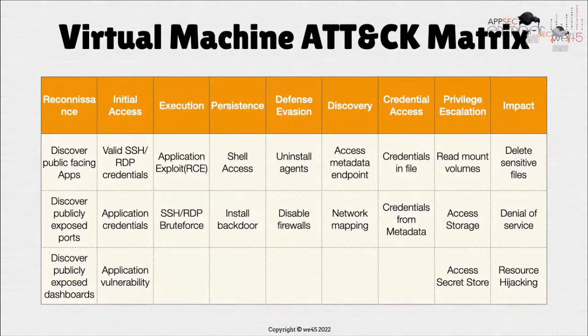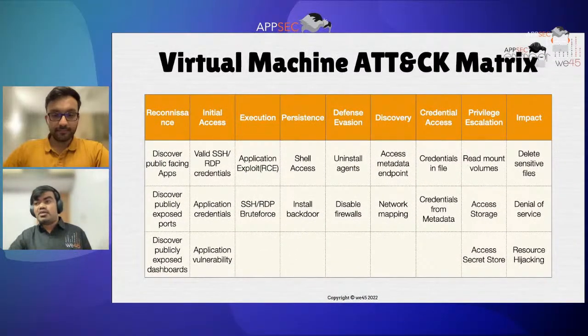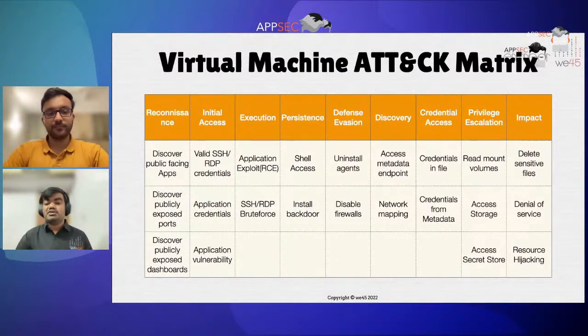We'll do some social engineering and see whether an application can be compromised by guessing the username and password. After we get access to an application, we'll perform an application exploit to see whether we can get an RCE on that application box, or whatever virtual machine is running behind the scenes. We'll try to get the RCE, and then maintain persistence through some kind of shell access.